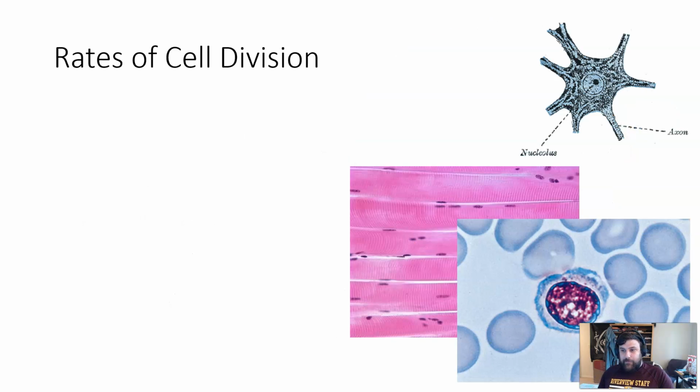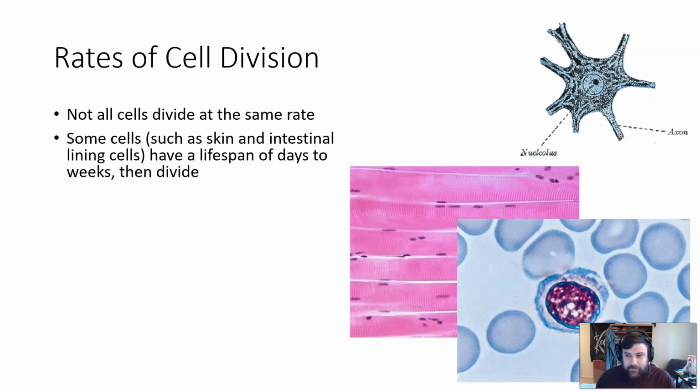So the last piece of information is rates of cell division. More accurately, you need to know that not every cell divides at the same rate.